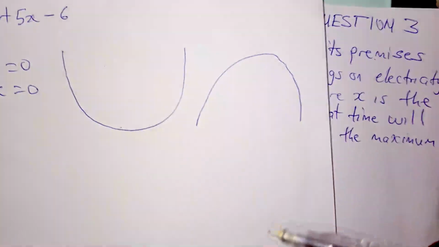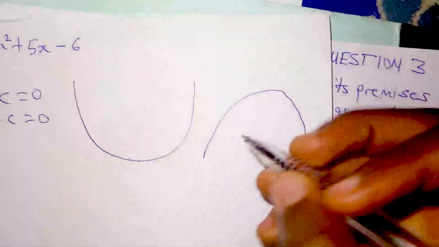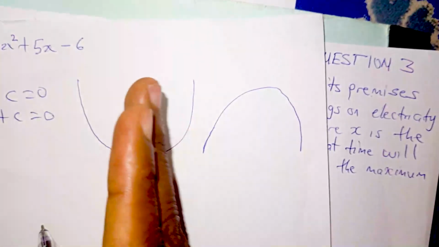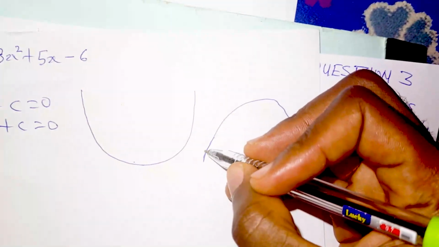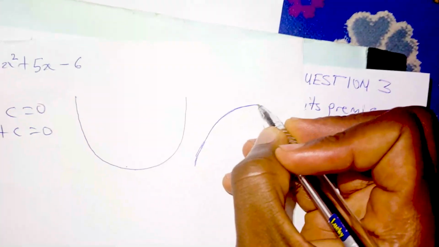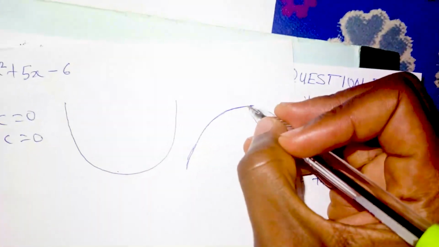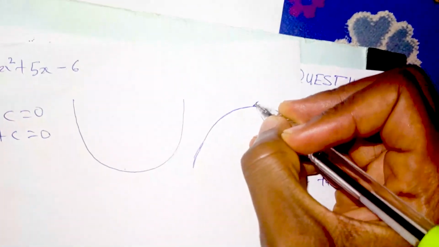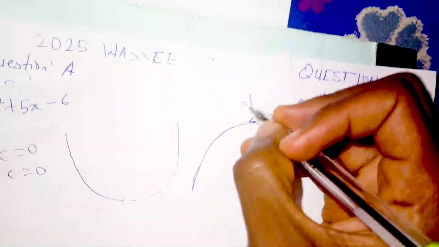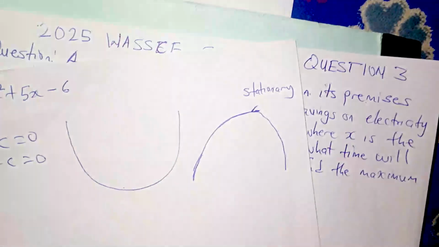For a graph that has the coefficient of x squared negative, you notice that the graph was initially rising. So when you are going from left to right, the graph was rising, and at some point it stopped rising at this point. We'll call this point where the graph stopped rising a stationary point, or a turning point.